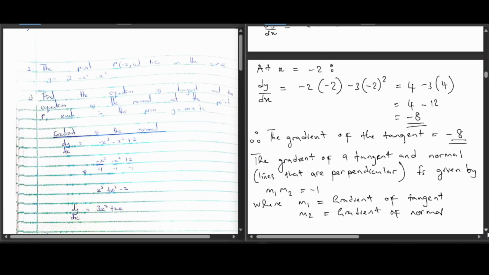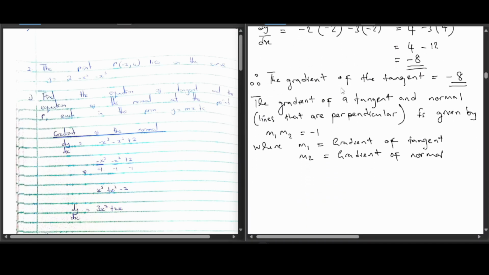So we are coming back here. Write a statement: the gradient of a tangent and normal when lines are perpendicular is given by m1 times m2 is equal to minus 1, where m1 is equal to the gradient of the tangent, m2 is equal to the gradient of the normal. You get it?